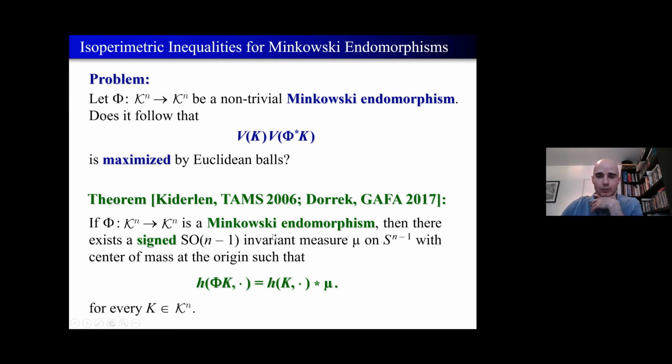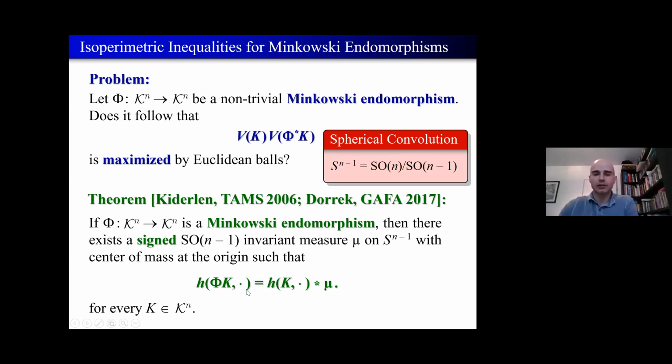It states that when you have a Minkowski endomorphism, then there exists a signed measure, which is SO(n-1) invariant on the sphere, and which has center of mass at the origin, such that the support function of the Minkowski endomorphism of K is always the support function of K convolved with mu, where this convolution is a spherical convolution.